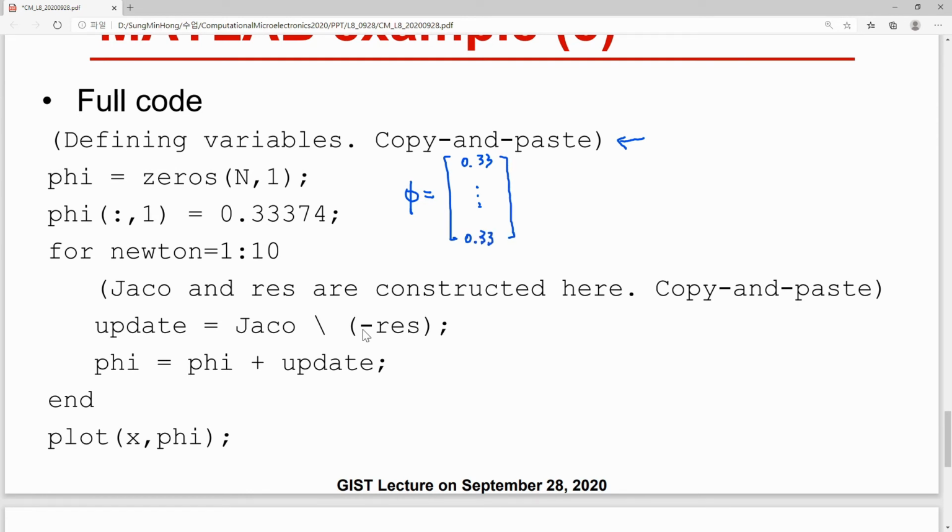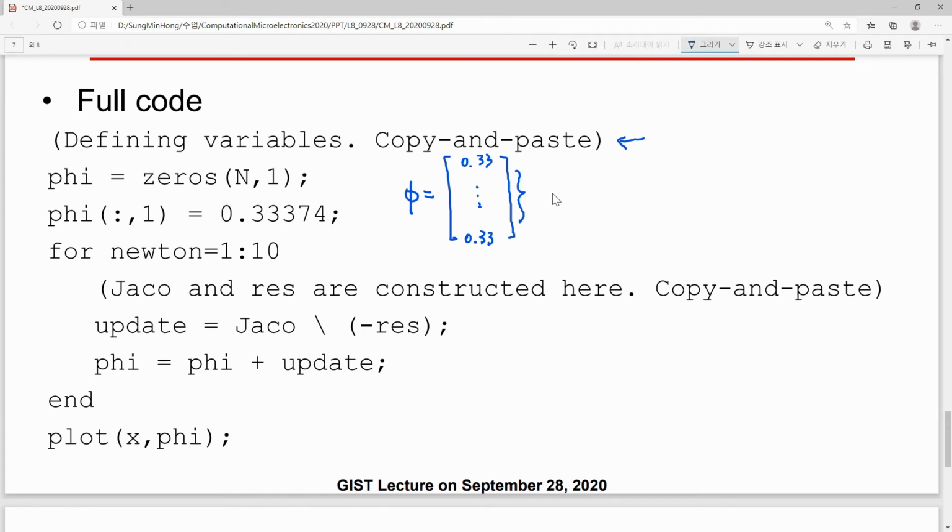The boundary condition itself is satisfied, but inside the silicon channel, the Poisson equation is not satisfied. So it is not the best initial guess, but anyhow we will use it. Later we will talk about how we can improve the initial guess for our potential.